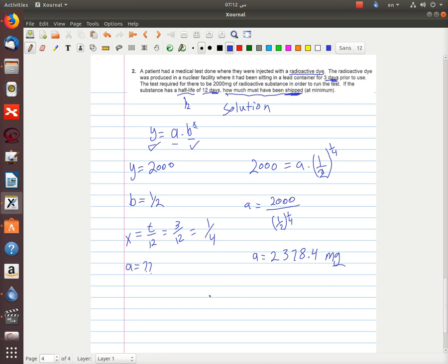So the amount of shipped material must be 2378.4 milligram. Voila, we solved it.